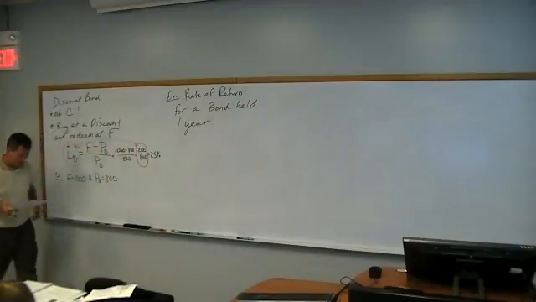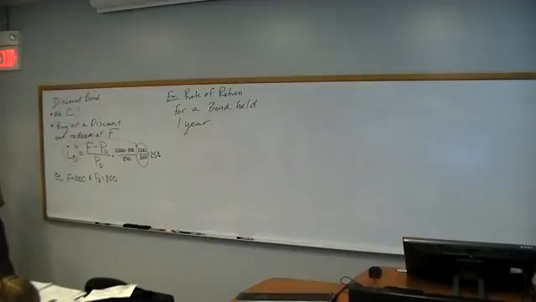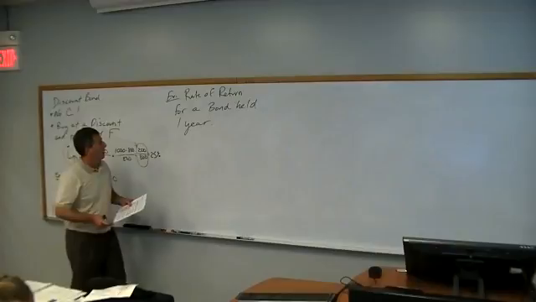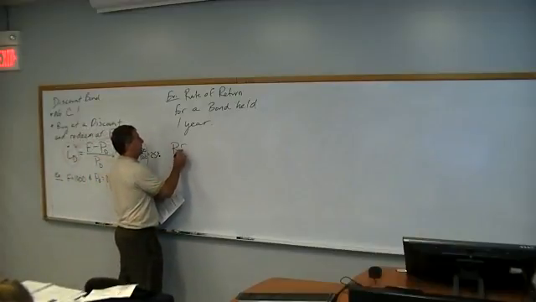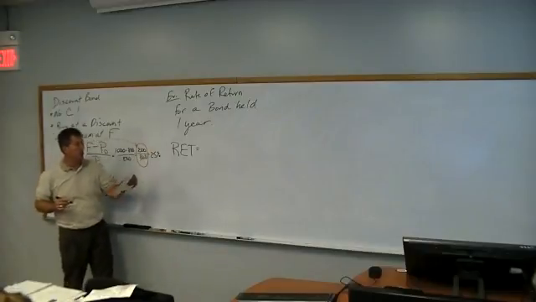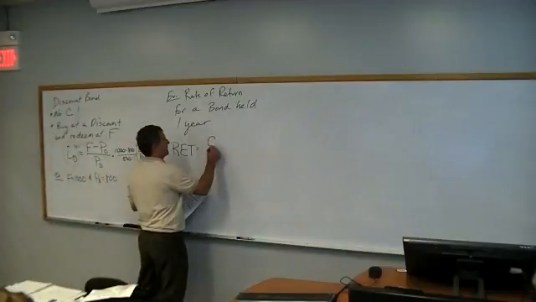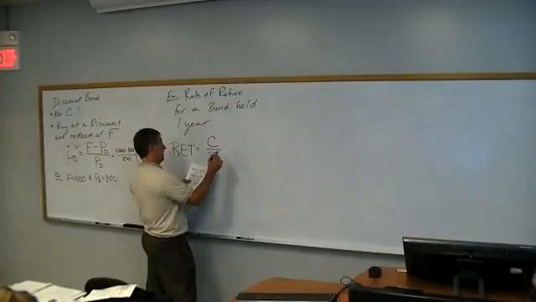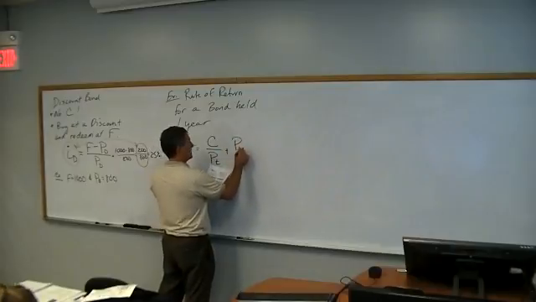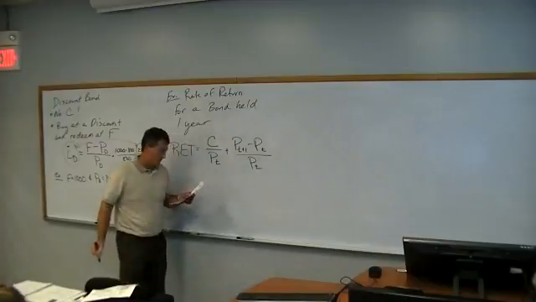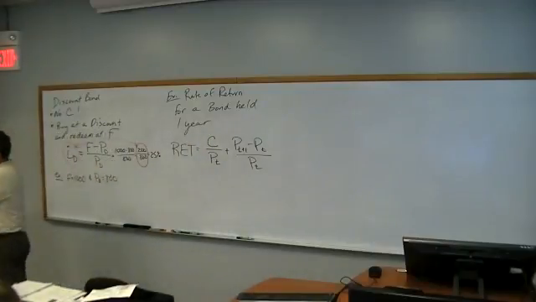This is a regular bond. So the rate of return, just using the textbook language here, is equal to C over PT plus PT+1 minus PT over PT. Write that all down, and then I want you guys to tell me what the heck that means.